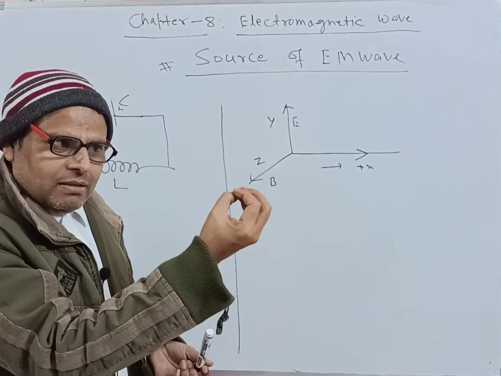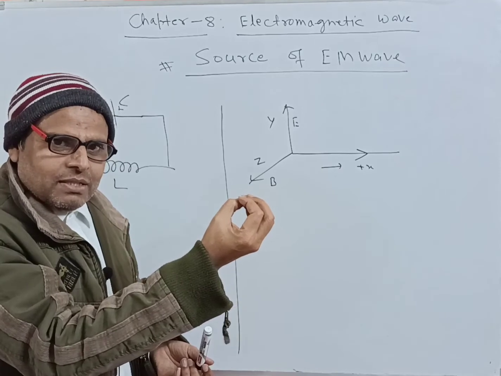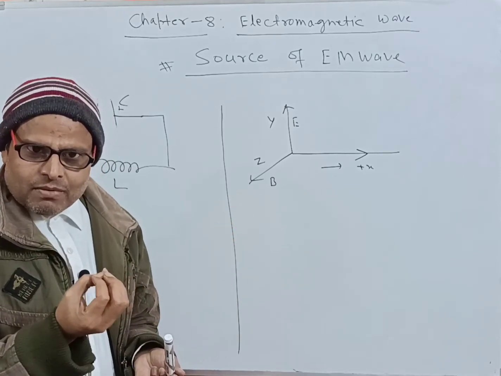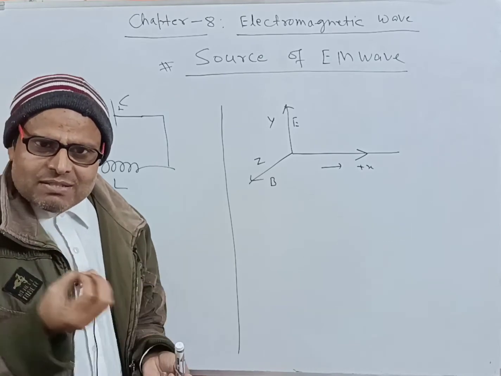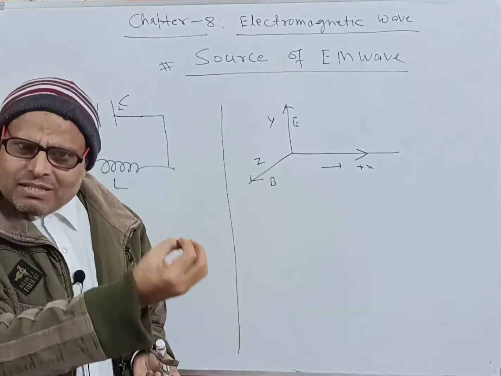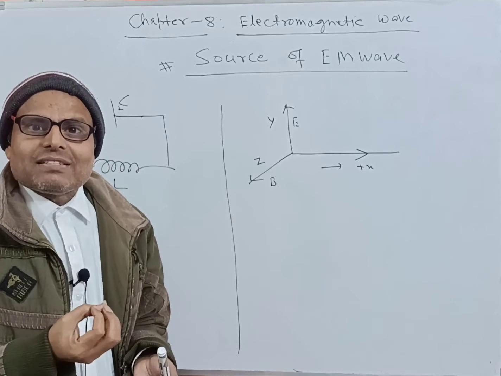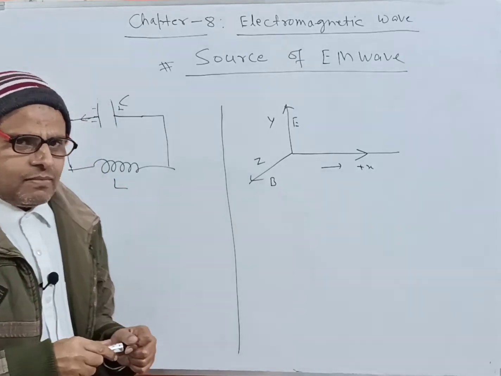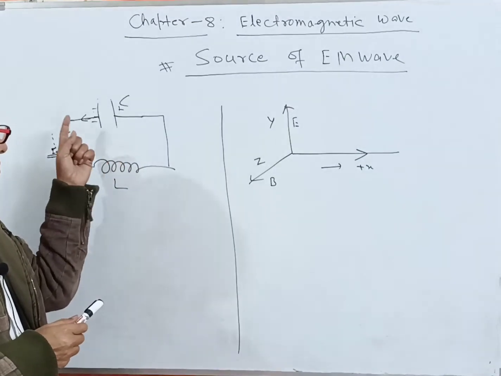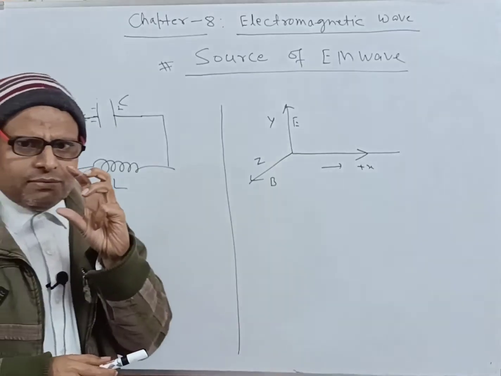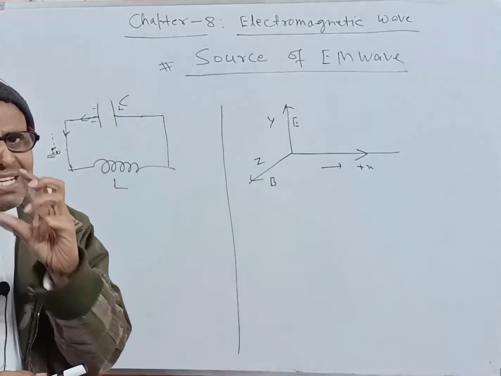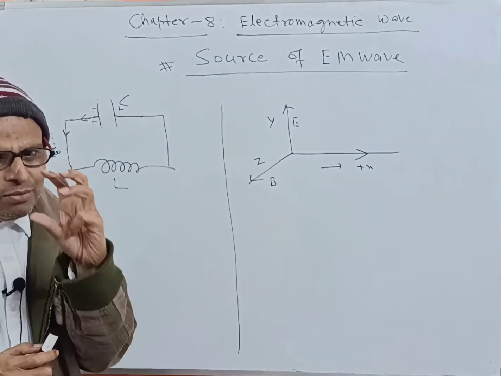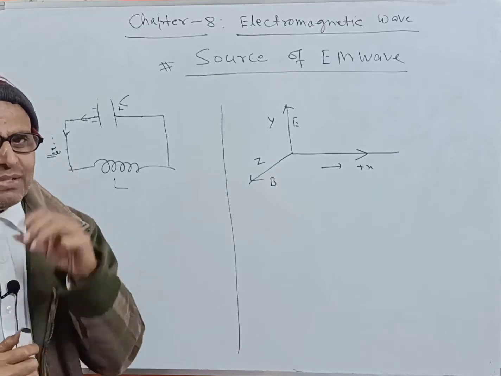That means velocity changes, means acceleration takes place. Here is the variation of velocities of the charge, flow of charge, that is flow of current. Flow of charge means flow of current.